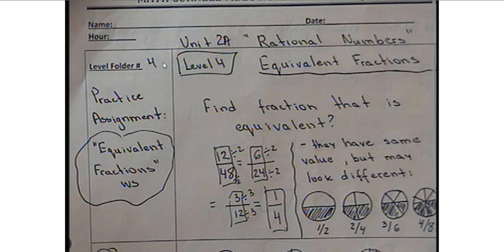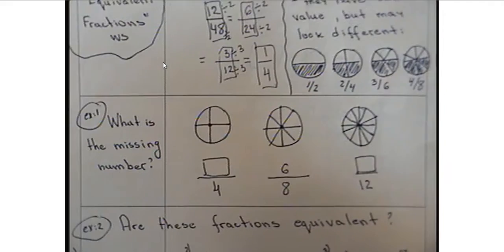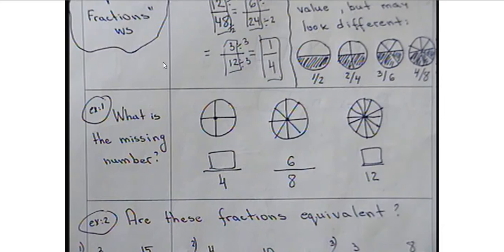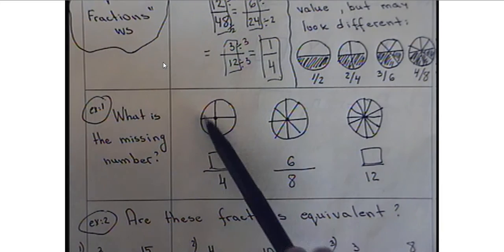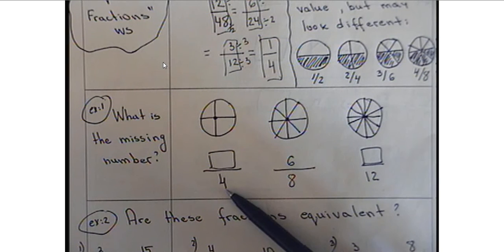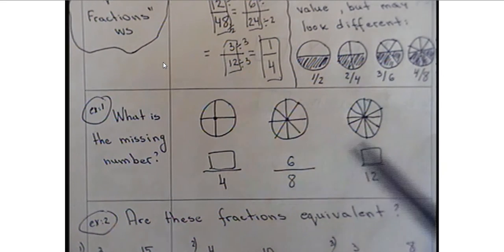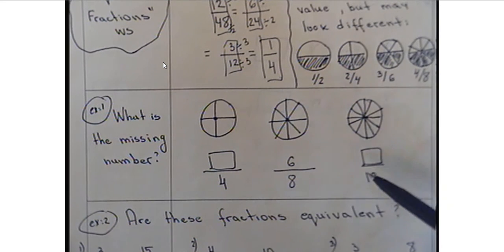Now, let's take a look at a couple of examples and we will compare some fractions. So example 1, what is the missing number? So, let's see what we have. We have one circle that has 4 total pieces. Then we have another circle that has 8 total, and another one that has 12 total.